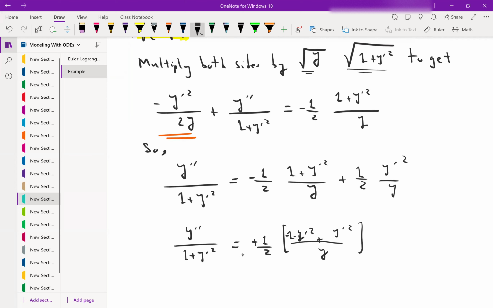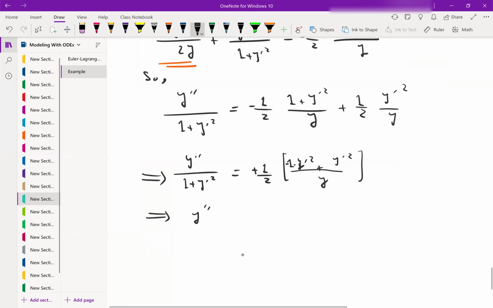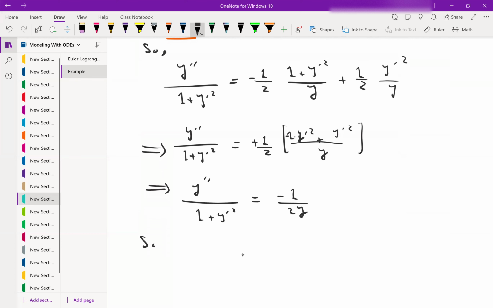And that will tell me that y double prime over 1 plus y prime squared is equal to negative 1 over 2y. You can rewrite this by cross multiplying: 2y y double prime plus 1 plus y prime squared is equal to 0.